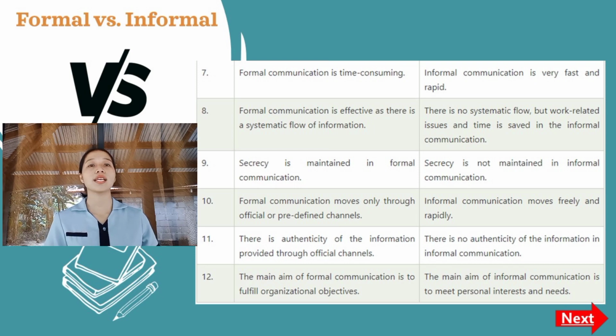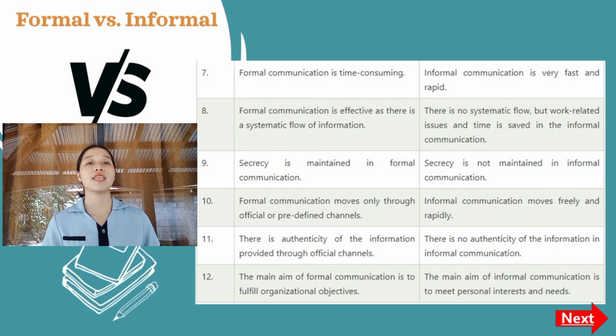The ninth one is secrecy is maintained in formal communication, while on the other side, secrecy is not maintained in informal communication. The 10th one is formal communication moves only through official or predefined channels, while informal communication moves freely and rapidly. The 11th one is there is authenticity of the information provided through official channels, while there is no authenticity of the information in informal communication.